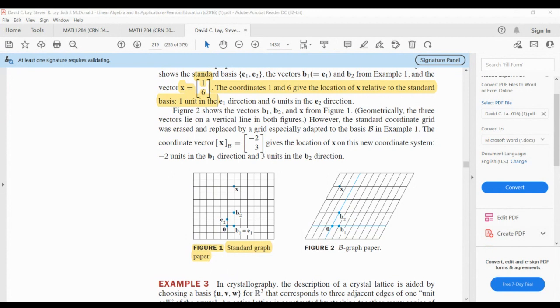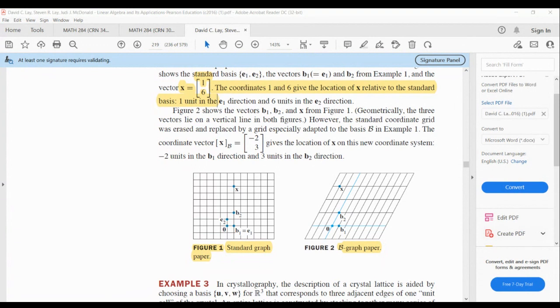But let's say you were to use a different graph paper. In figure 2, they talk about the script B basis graph paper, and they show their vectors B1 and B2. Well, what's B1 equal to?